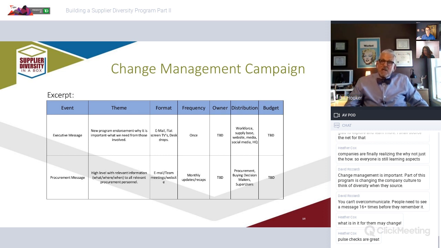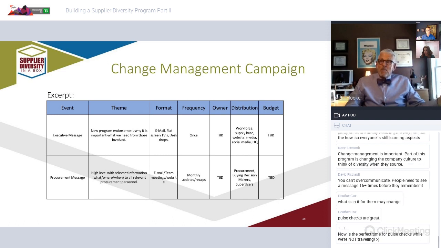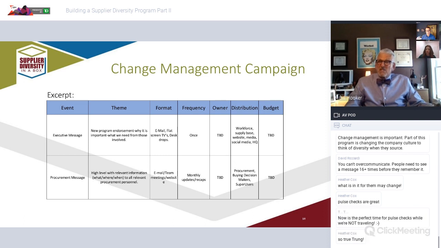And typically, yesterday we talked about the steering committee and how important the steering committee is to help a new program stay on track. The steering committee is going to be a group that's going to be able to help you understand if your messaging is accurate or not, if you're hitting the target. And typically on the steering committee, you have a sponsor. And that sponsor in most companies is an executive.